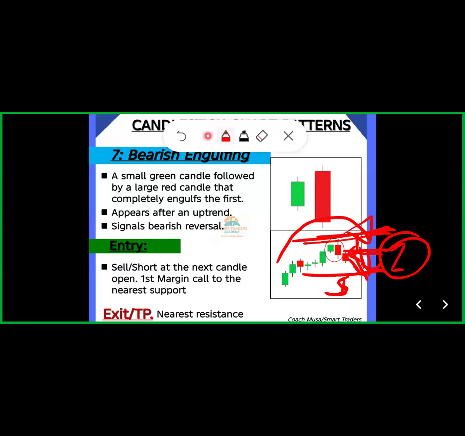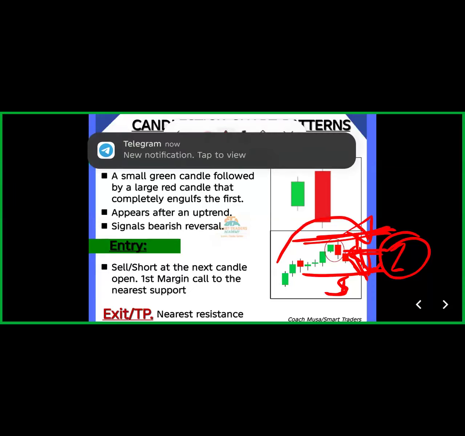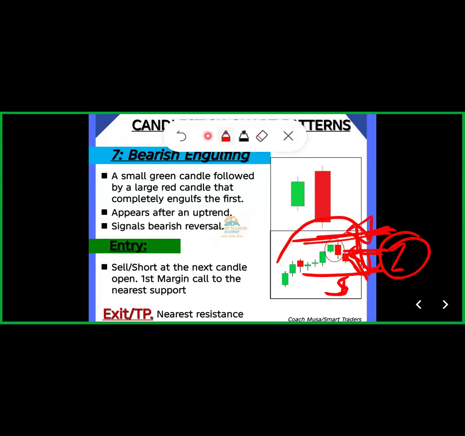Because in so doing, it will help you have an effect on your average price. So if the price moves up a little bit, and the bot buys around there, you may even exit the market earlier, before the price hits the support zone, because the effect on the average price is going to create a small gap between the average price and the price at which you made entry.